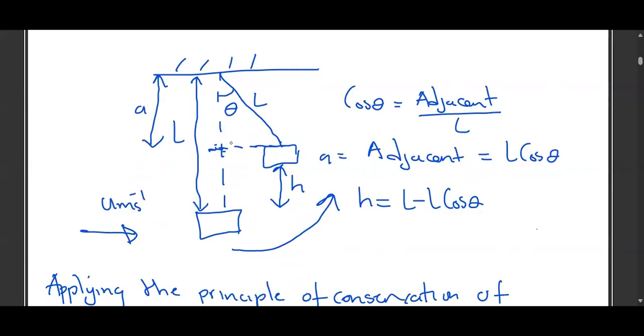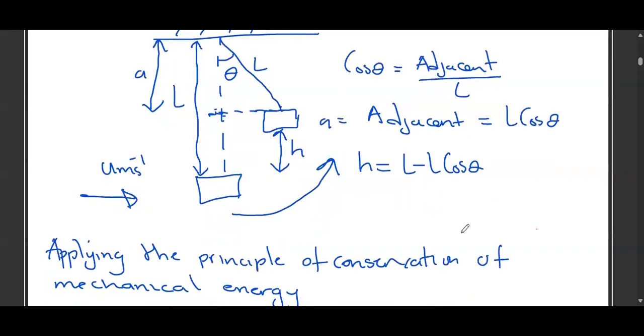If you apply the trigonometric ratios, specifically cos theta is given by adjacent divided by hypotenuse. Our hypotenuse is L. So we come up with our A as L cos theta. So from here up to here, we have it as L cos theta, following this triangle here. So our h is going to be from here up to here, minus from here up to here, to give us L minus L cos theta. That is going to be our expression.